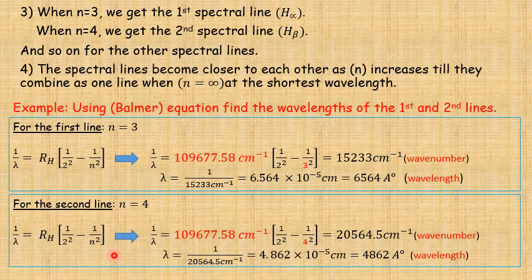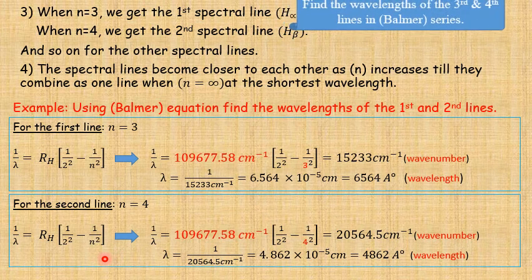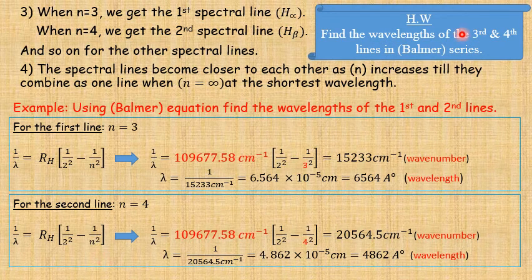I hope that these examples are understood, but if you have any questions, you can ask me directly. Now it's the time for the homework. In this homework, find the wavelengths of the third and the fourth lines in Balmer series.